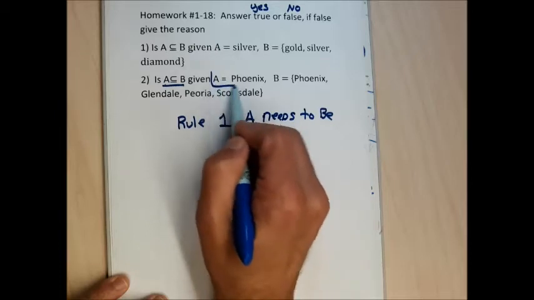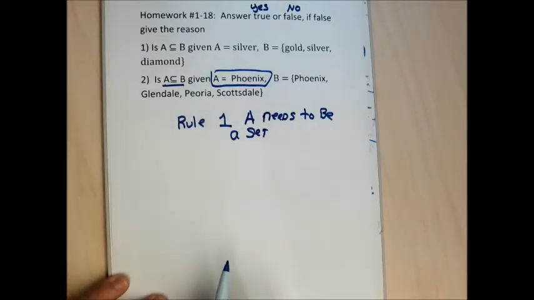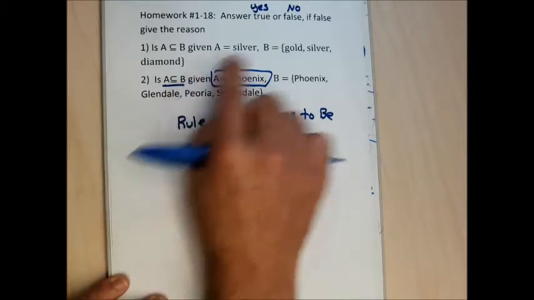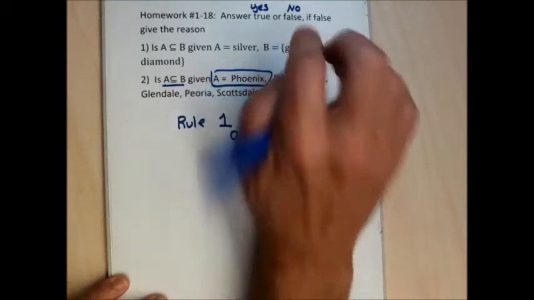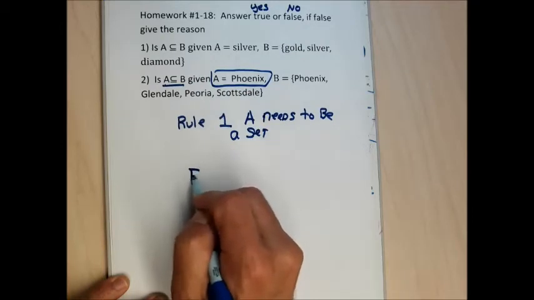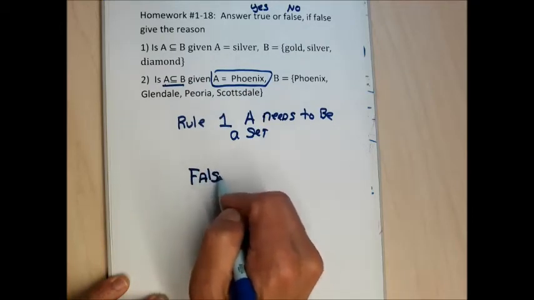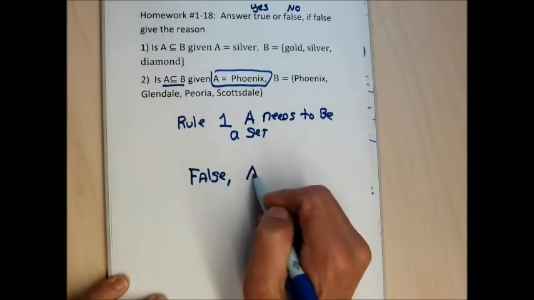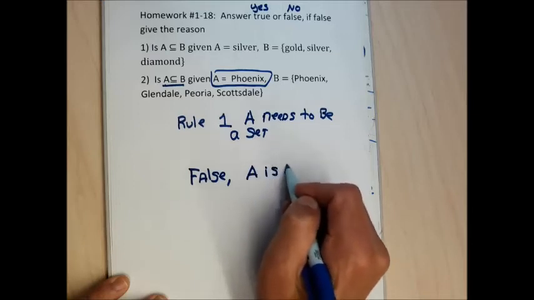A is not a set because it's not in set brackets. So for my answer, is this statement true? I'm going to say false, which is kind of equivalent to no. And the reason is because A is not a set.